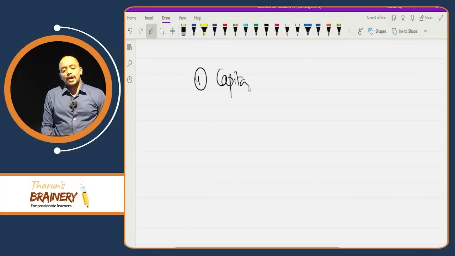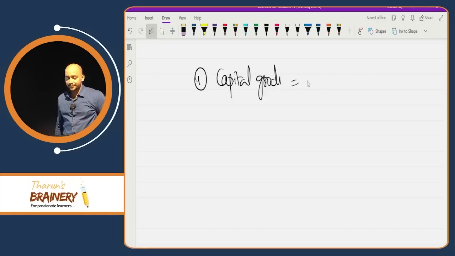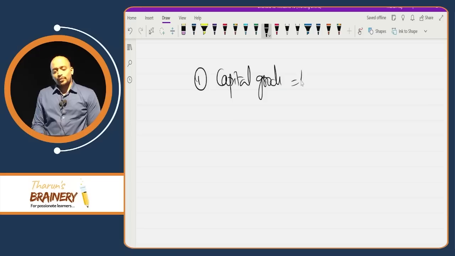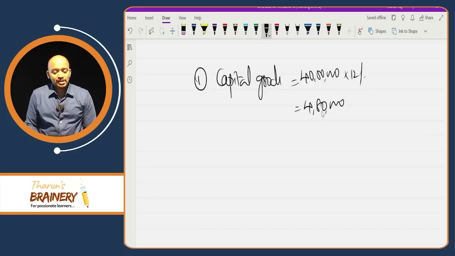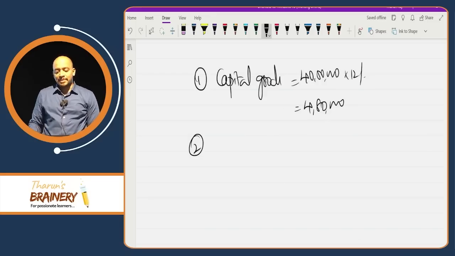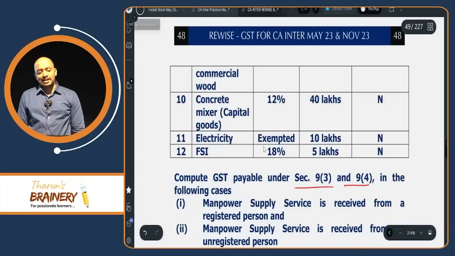That capital goods we have purchased from an unregistered person. How much is the value of that capital goods? 40 lakhs. On that, what is the rate of GST? Applicable rate 12%. Therefore, 4,80,000 over step 1. Now, step 2, check cement in the list.